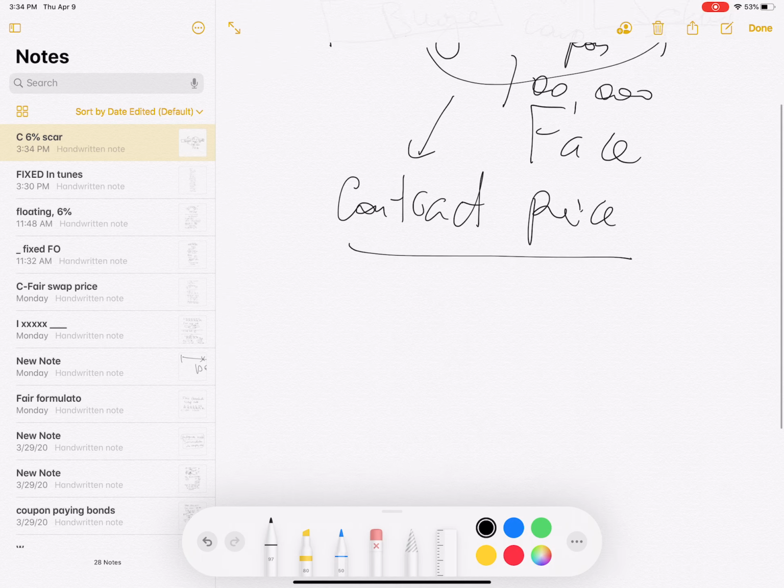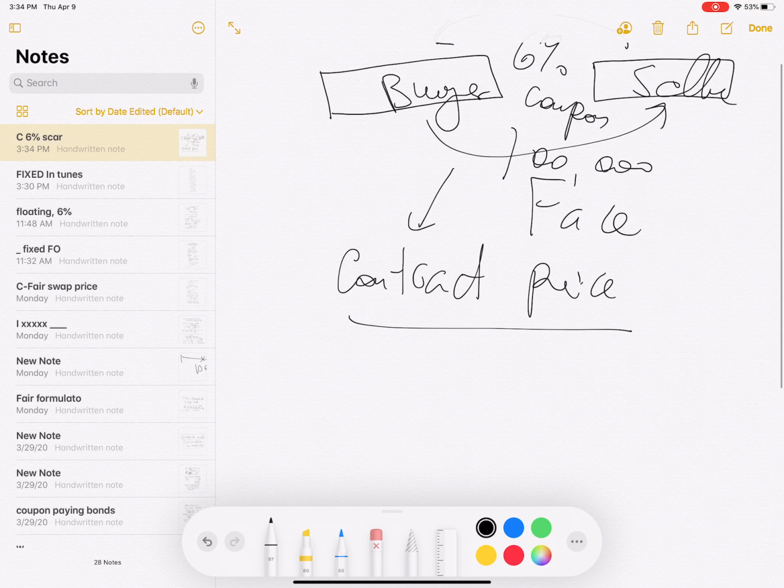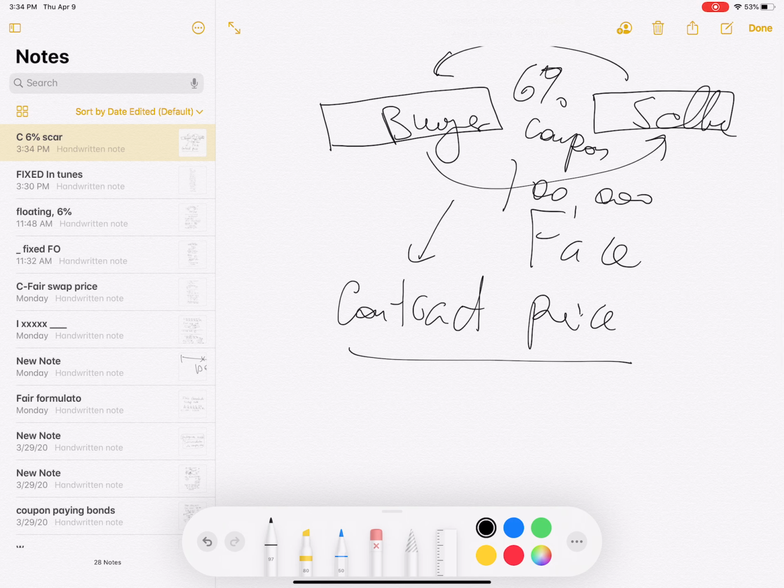Okay? Now, the question is, the 6% bond doesn't exist. So we want to stress on this a little bit. So what you want to do, instead of that, you want to deliver some other bonds.